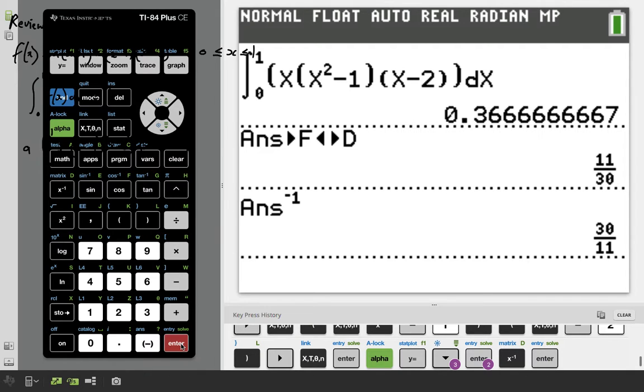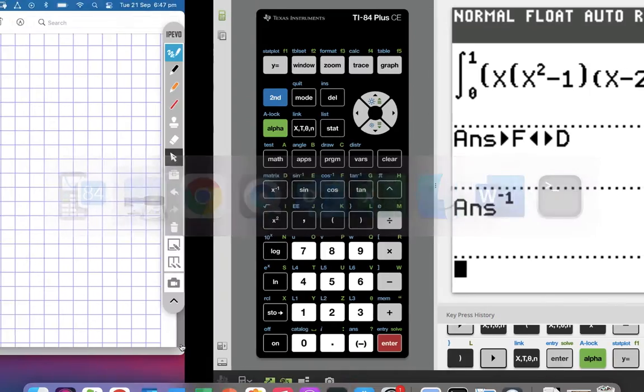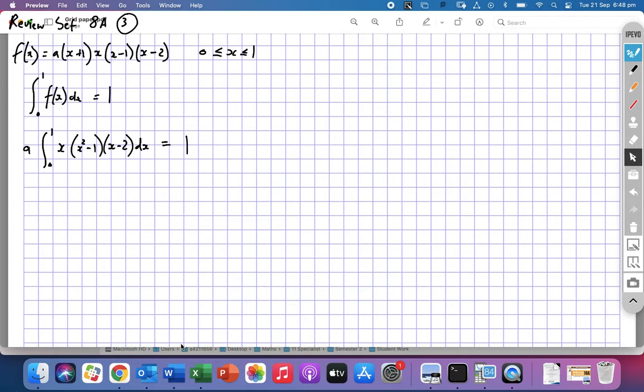Okay, so maybe just to explain that a bit more, I've got a times 11 on 30, which is what the integral gave me, equals 1. So a equals 1 divided by 11 on 30.